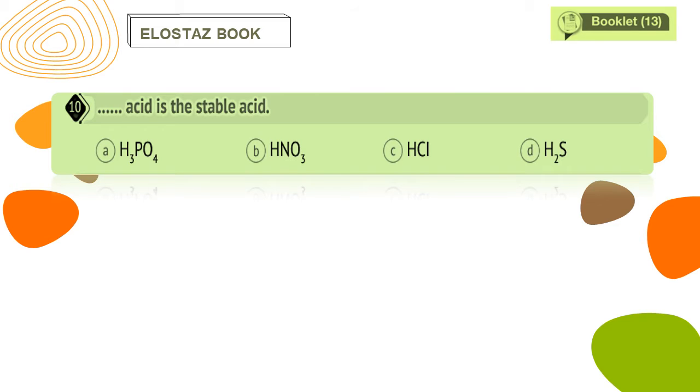We have hydrochloric acid here, letter C, HCl. We have nitric acid, HNO3, and phosphoric acid, H3PO4.